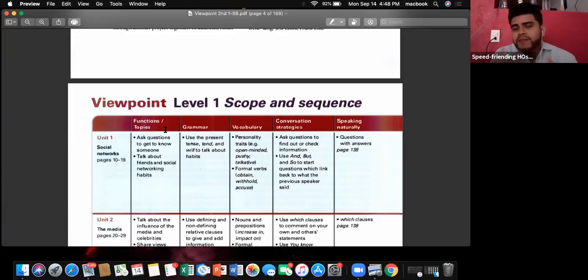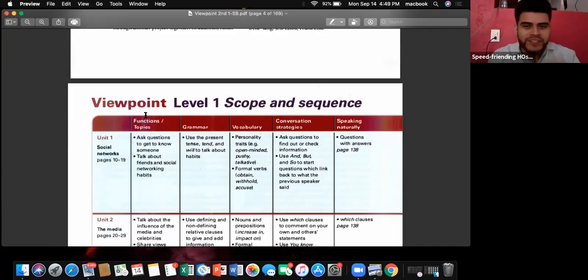We use the verb to be to ask for personal information, like when's your birthday? What's your phone number? What's your email address? How old are you? That would be the function of the verb to be. So the grammar is the verb to be, and the function is asking for personal information.